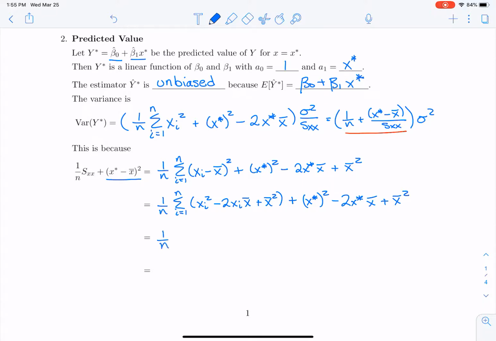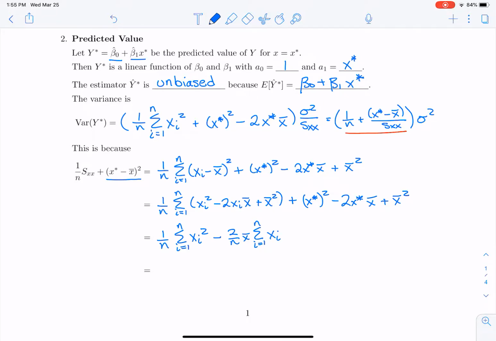Okay, let's see. So this first term is one that I want to stay in, the sum from i equals 1 to n of x sub i squared times 1 over n. That is a term that I want to appear. The next term I'm going to write as minus 2 over n x bar, the sum from i equals 1 to n of x sub i.